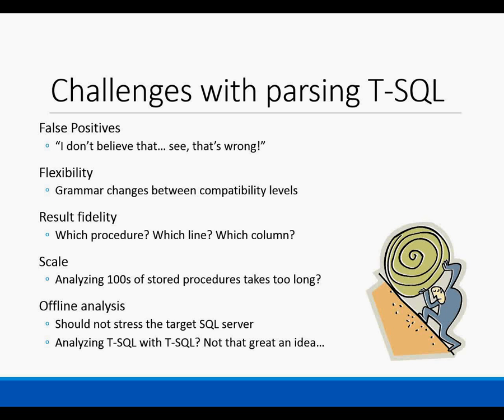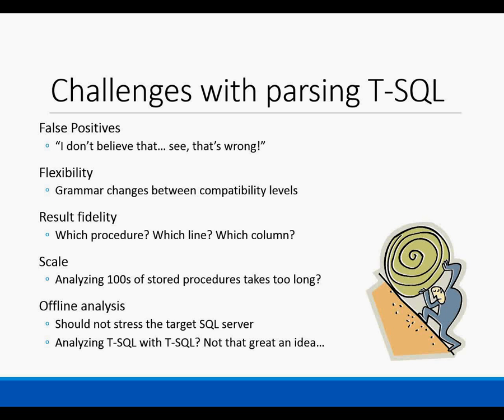And that's just one change. You have so many other changes. There may be statements which are added to the language. A classic example of this is the merge syntax. That's supported in 2K8 and above, and you want to be able to parse that depending on the version of the server or at least the compatibility level of the database.